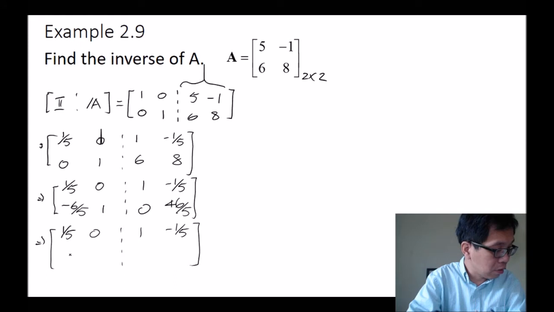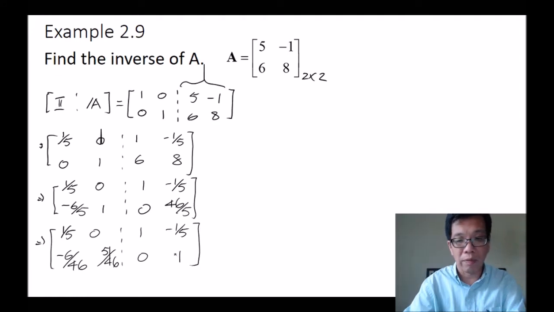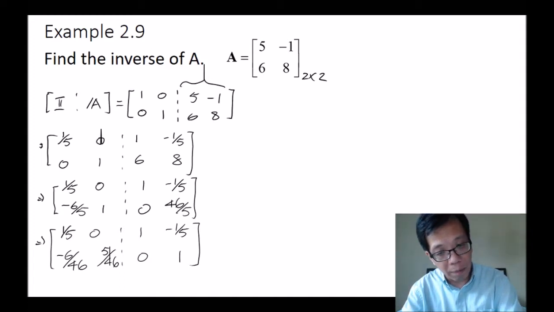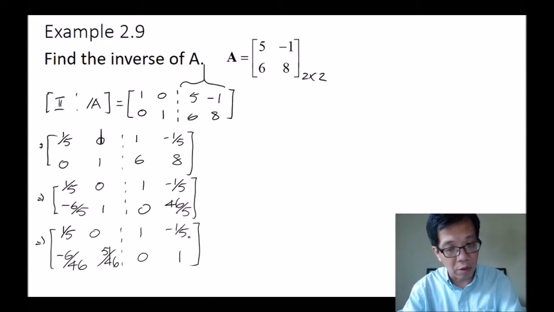Second row becomes, I'm sorry, 5 over 46. This one over here remains a 0. This one becomes 1. So if you multiply everything by 1 over 5 and add back to the first row, this part becomes identity or I matrix.